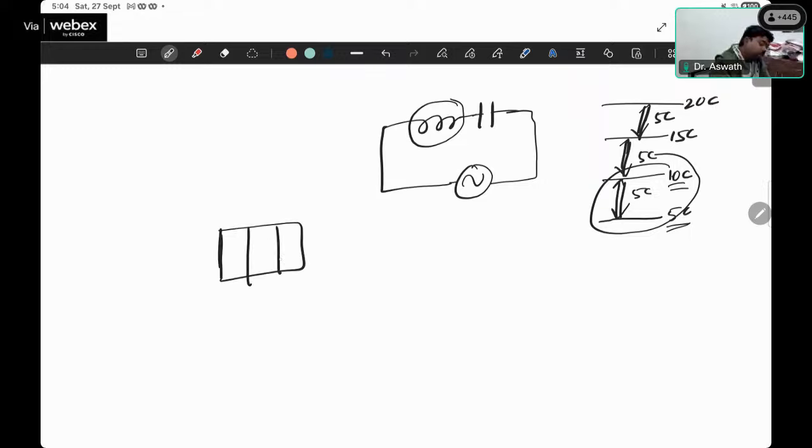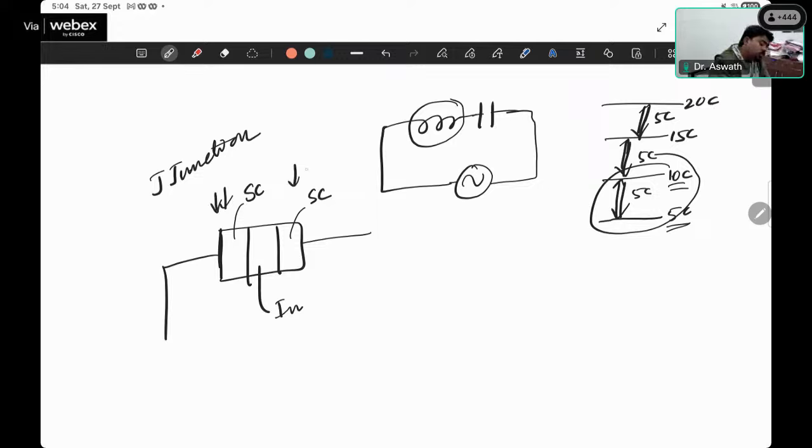What is that Josephson junction? There is a superconductor, there is a superconductor, there is an insulator in between. Okay, if you have a Josephson junction, JJ, and then you cool this Josephson junction to millikelvin, what happens? In the superconductor, electrons get paired up and they create something called Cooper pairs.